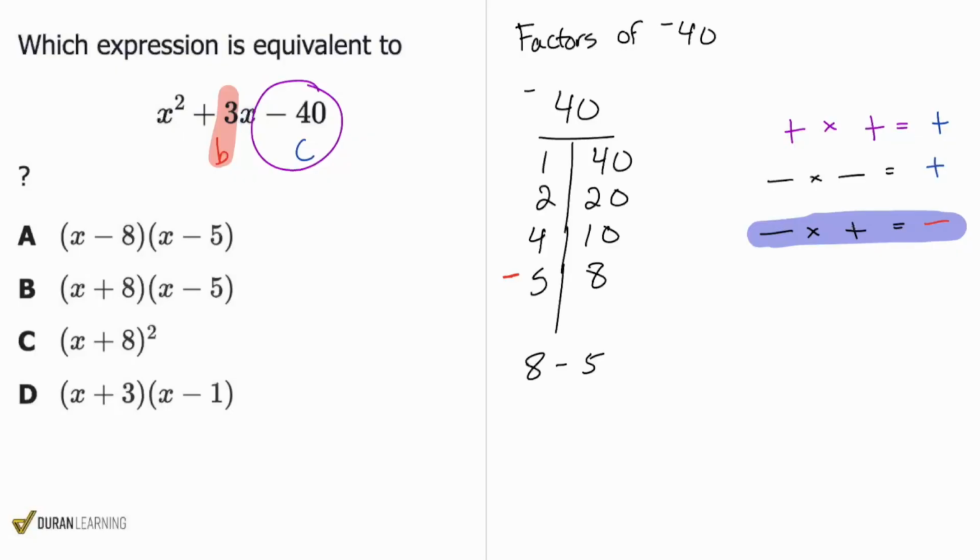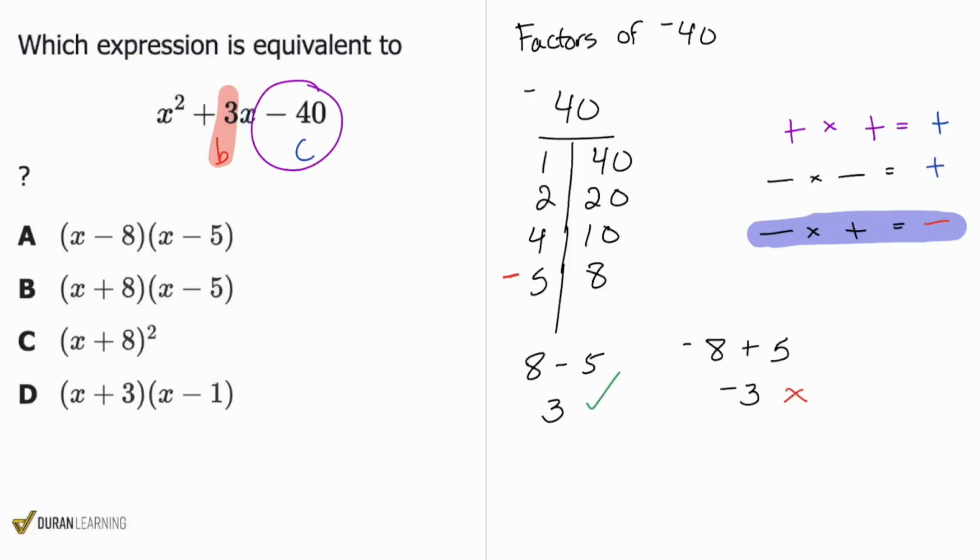It is. If you're wondering what would happen if you did it the other way, if we did negative on the 8 and kept the 5 positive, that would be negative 3. That's not what we're looking for. We're looking for a positive 3. This is what will work.